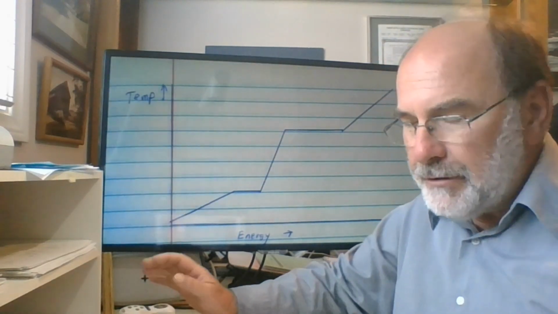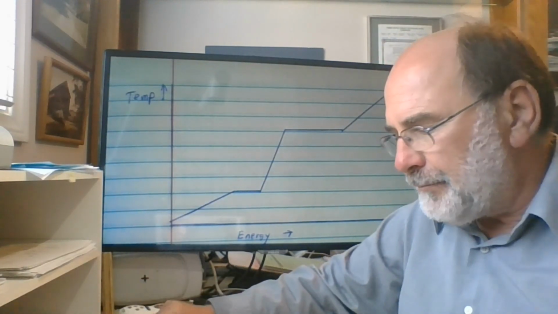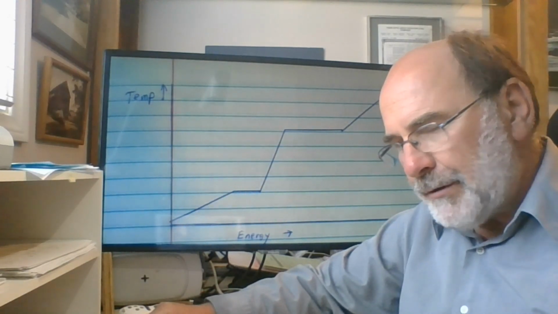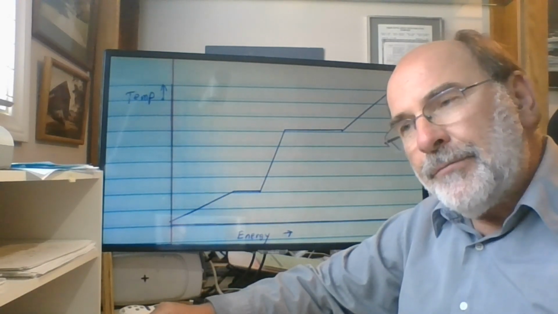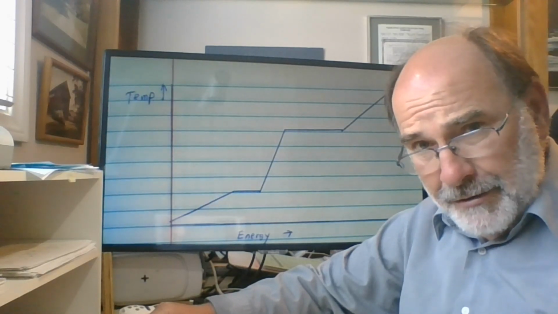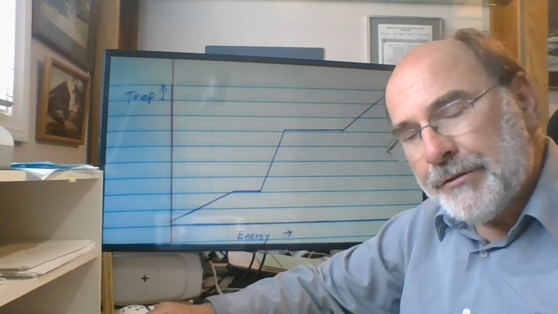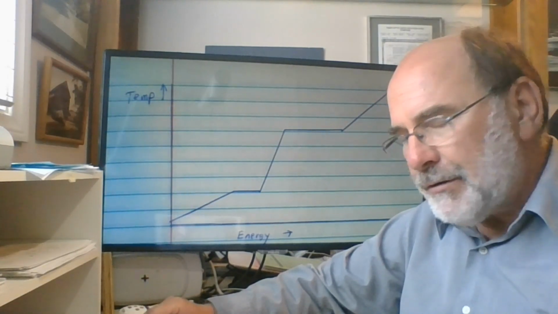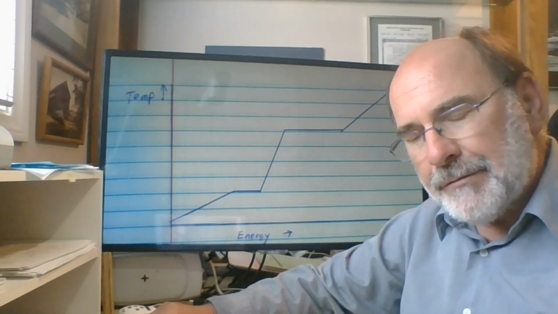This is for chemistry and a review for physics as well. The heating curve is the graph that you would generate when you ask yourself, what is the temperature of a substance as I add more and more energy to it? So down at the very bottom of the curve is solid material.